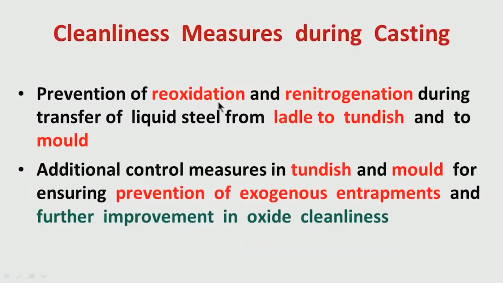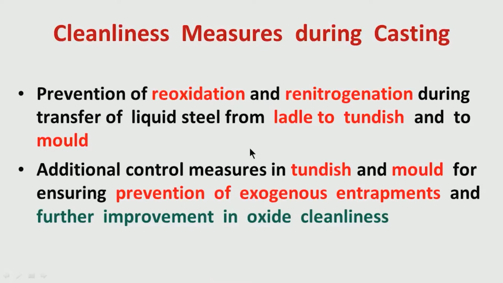First, the reoxidation and renitrogenation have to be prevented, because liquid steel is getting transferred from the ladle to the tun dish and from tun dish to the mold. During this process, liquid steel should not be allowed to fall freely. That means it has to be covered, so that there is no reoxidation, no renitrogenation. That is the first requirement.